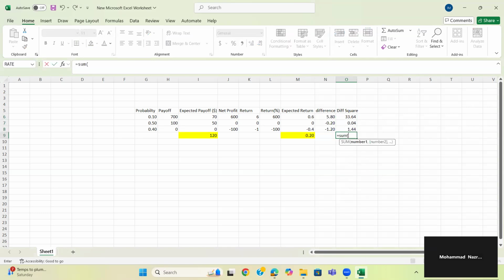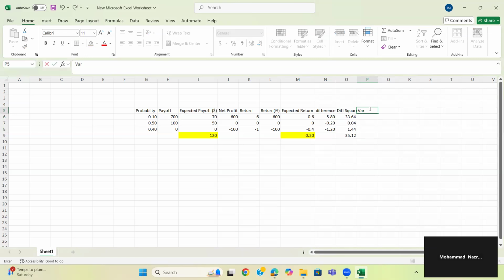So now sum up, similar to expected payoff, similar to expected return, you have your difference squares here, right? All right, so this 35.12, you can just add up here, or you can also multiply this with their associated probability directly, right?